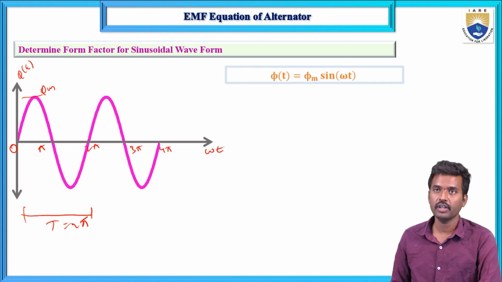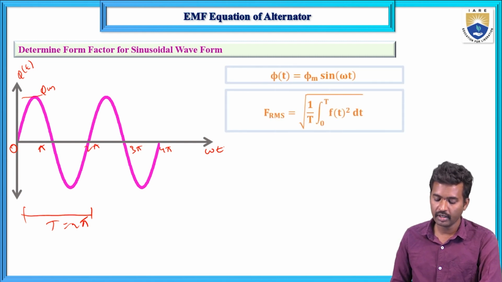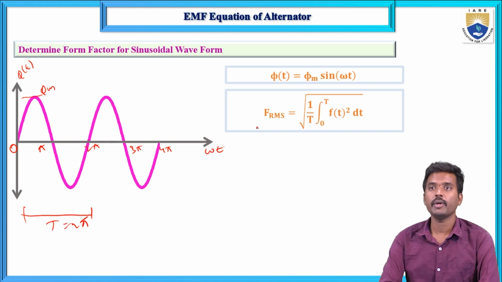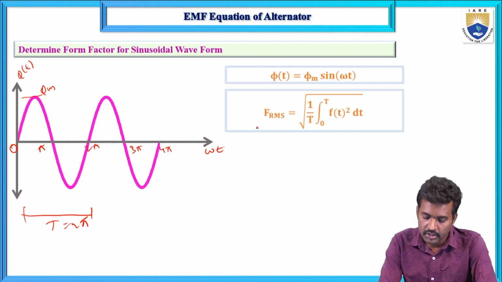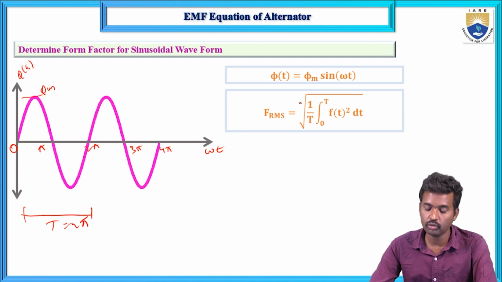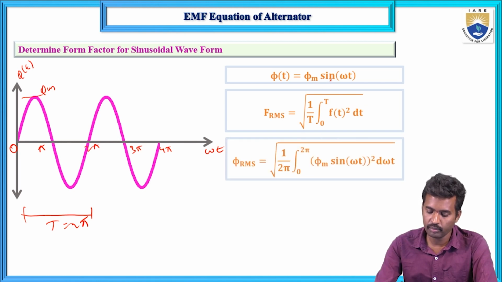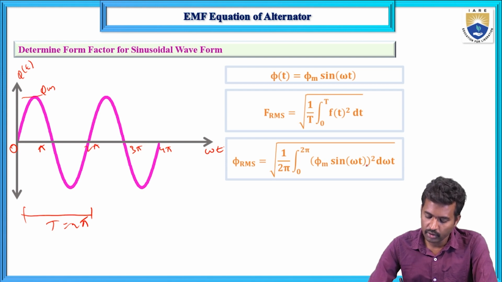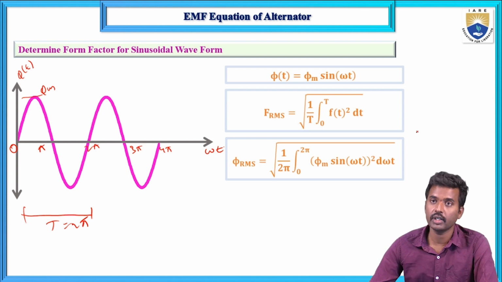For phi of t equals phi m sin omega t, for RMS consider the full complete cycle, same for symmetrical and asymmetrical. F RMS equals square root of 1 by T, integral from 0 to T of f of t squared dt. Now here f of t is phi m sin omega t. F RMS equals square root of 1 by 2 pi, integral from 0 to 2 pi of phi m sin omega t squared d omega t.